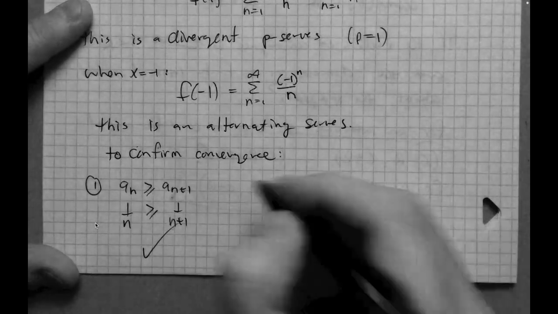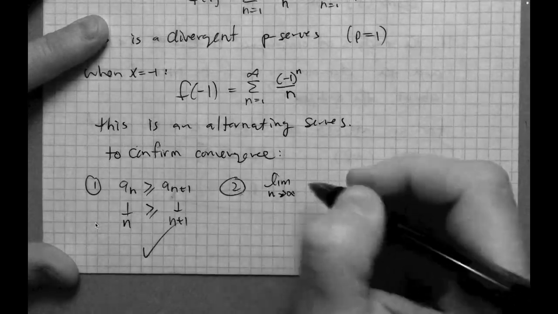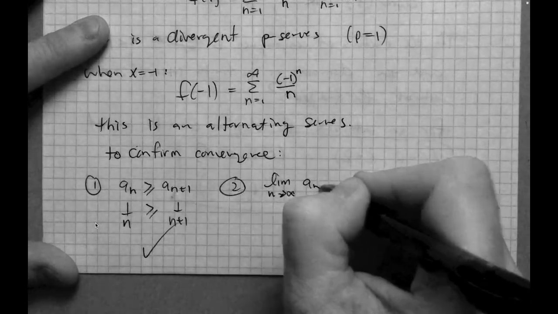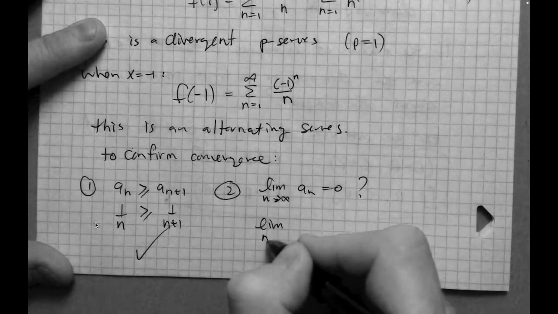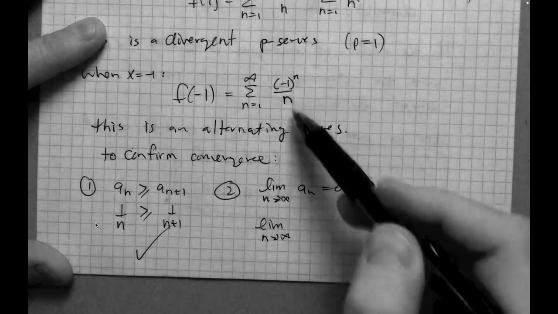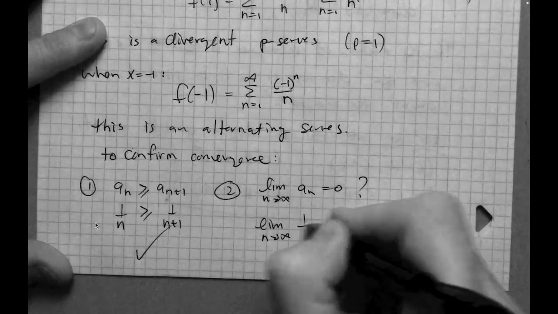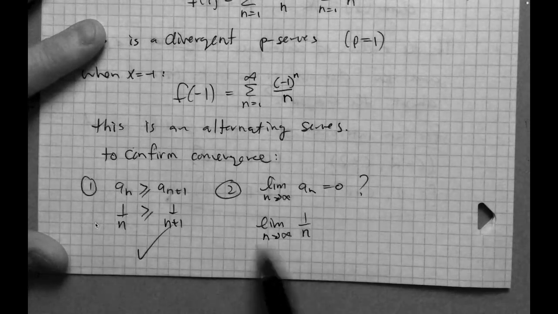And now the other thing we need to know is that the limit as n goes to infinity of a_n needs to equal 0. And so is that true here? Well, here we have the limit as n goes to infinity of a_n, which is just 1 over n. And this definitely converges to 0, doesn't it? 1 is fixed, n is growing.